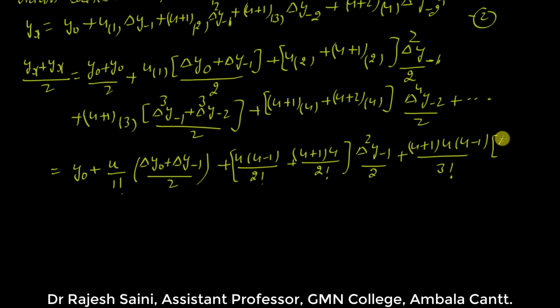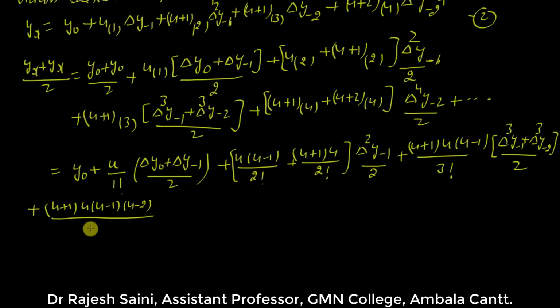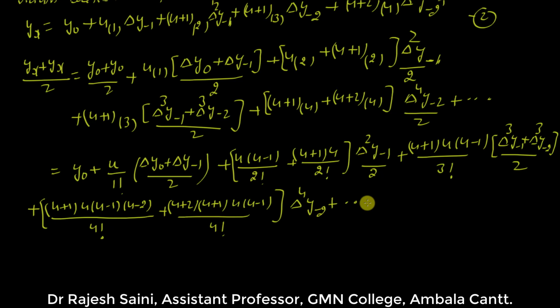It will be delta cube y minus 2 by 2 plus, here we can write u plus 1 u minus 1 u minus 2 divided by 4 factorial plus u plus 2 u plus 1 u minus 1 by 4 factorial and outside is delta 4 y minus 2, up to and so on.